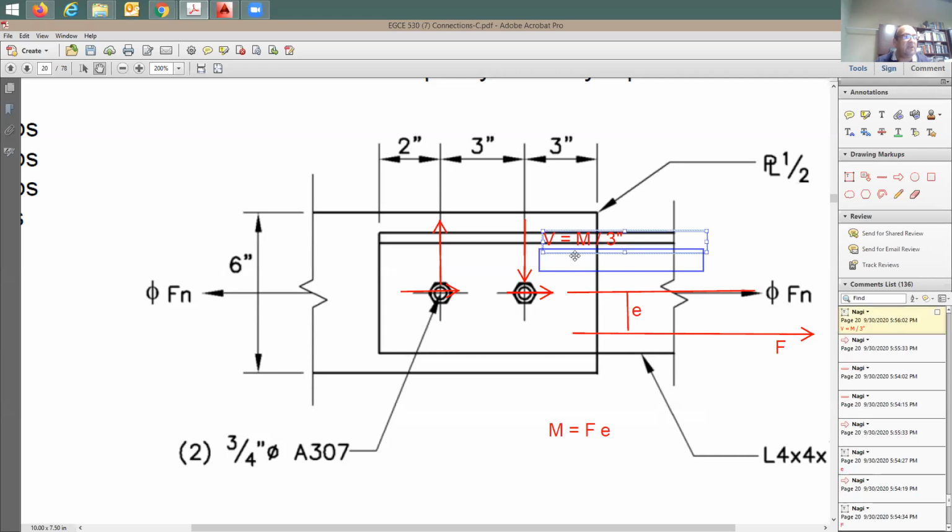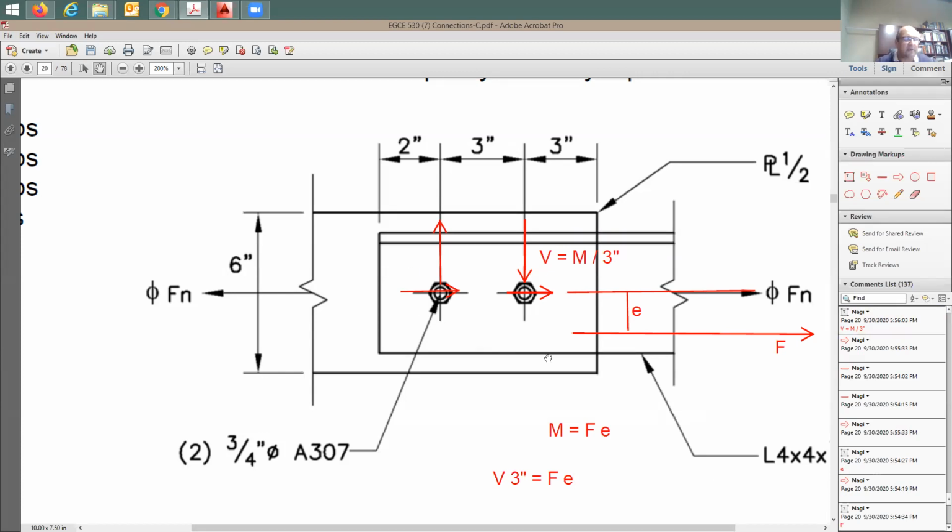Now, where is the 3 inches coming from? You can say 3 inches is going to be coming from here, which means this moment resulted from the applied force, F times E, is going to be resisted by a couple. And this couple is going to be equal to V force. And you can just take this V, and here's another V, multiplied by 3 inches, which means V times 3 inches equals F times E. The two moments are equal to each other.